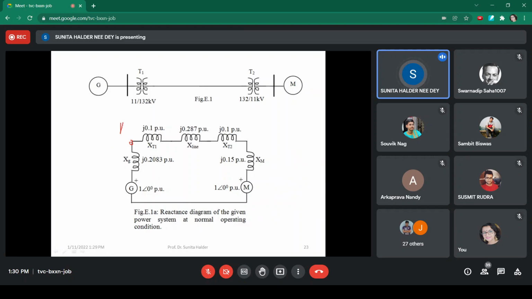If I mark this point A, this point B, this point C, this point D, then the HT terminal of the transformer means this point, that means the transmission line side of the transformer. So this is the fault point, and we shall connect it to ground, and this will be the fault current. This is the thing.